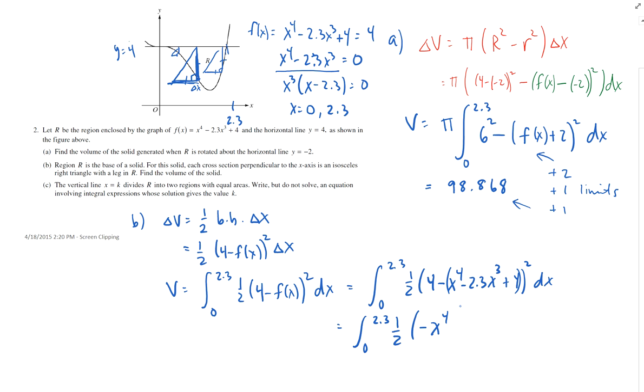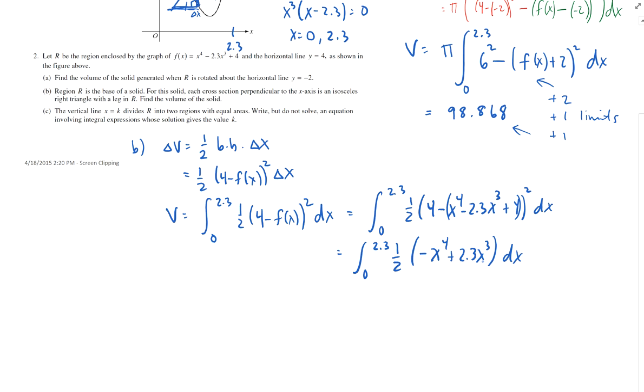So it would be negative x to the 4th plus 2.3 x cubed, dx. Sorry, it's late and I wanted to get these to you a few days ago. Anyway, you do that on your calculator and you get 3.574. Part C is worth 3 points: 2 for the integrand and 1 for the answer.